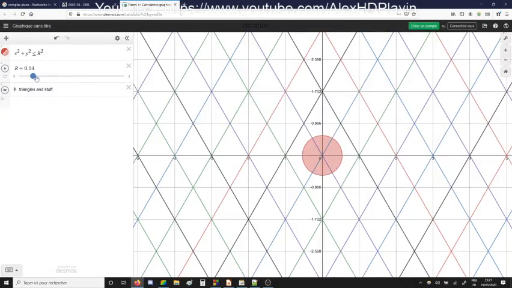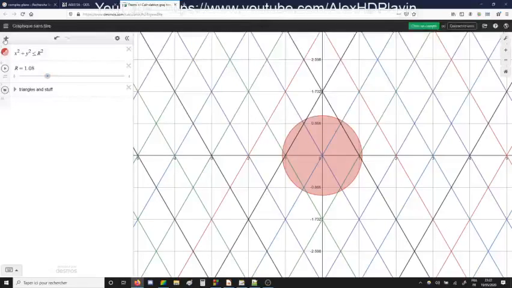If we put the radius up to 1 or above, we're going to get 1, 2, 3, 4, 5, 6 more than the previous count, which was 1, so 7 overall.